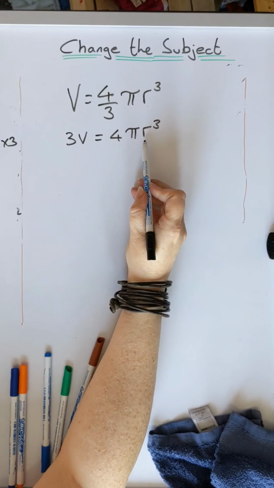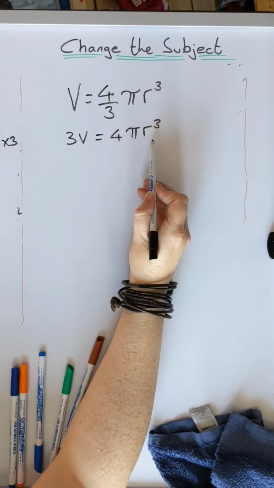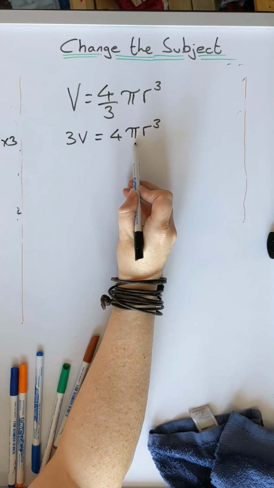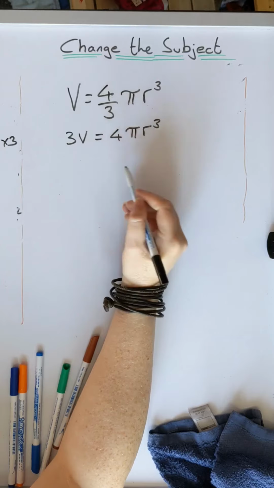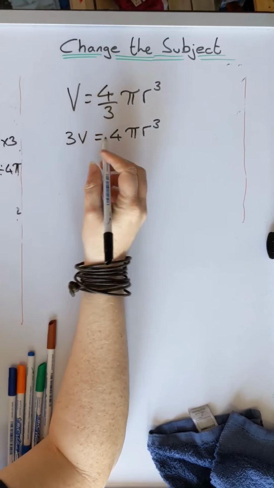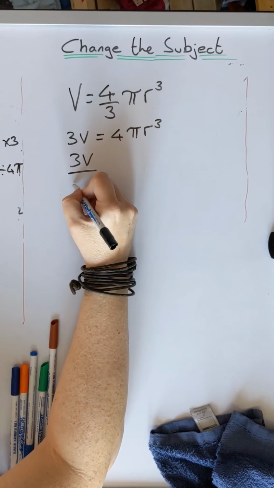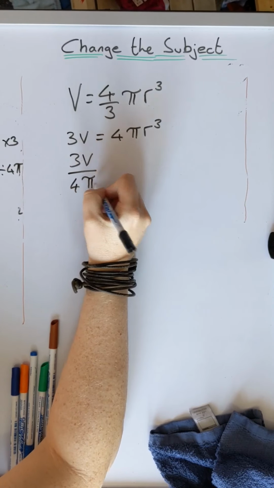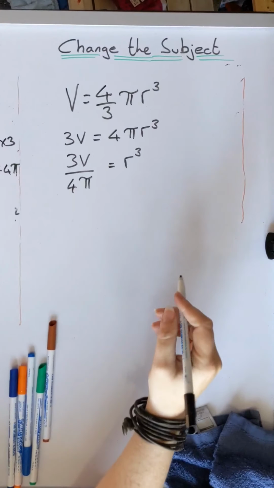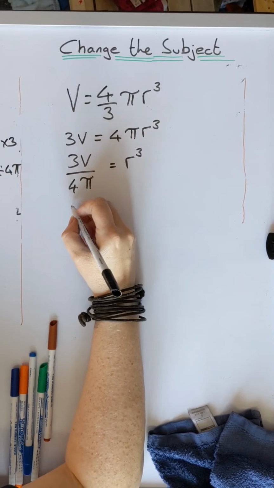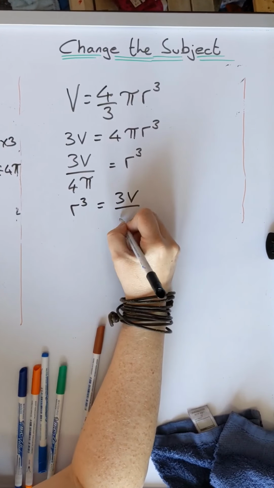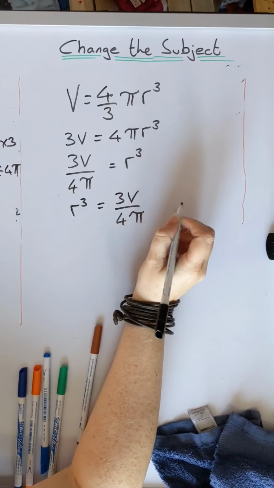The next step is we have a multiplier here on our r. We have a multiplier of 4 pi. So that goes to the other side as a divider, giving us 3v over 4 pi equals r cubed. Now I'm going to write it the other way round. R cubed equals 3v over 4 pi.